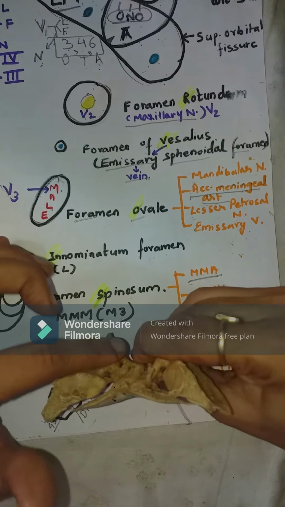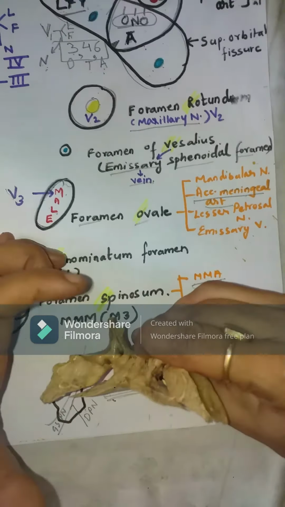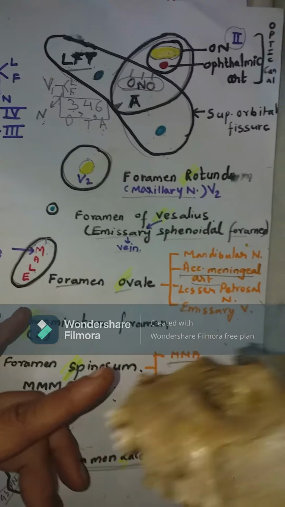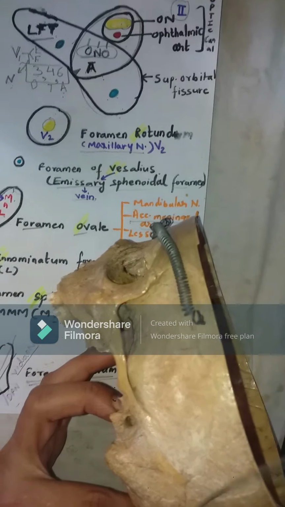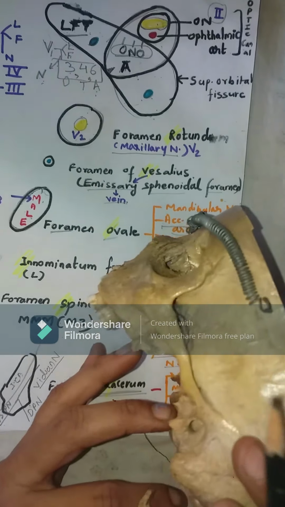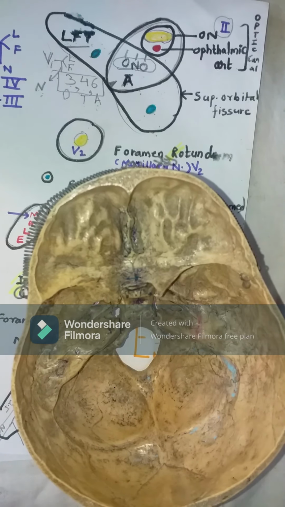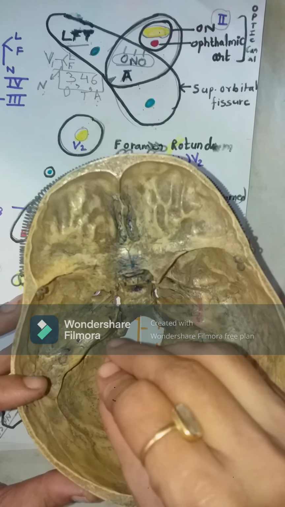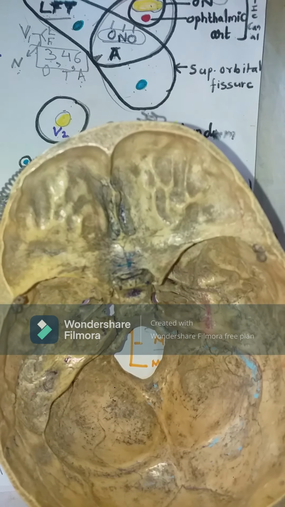And here it will articulate with the maxilla, and it will form the pterygopalatine fossa, which lies in the interior of the pterygomaxillary suture. So if I want to show you the pterygoid canal, then again I am telling you here in the articulated skull that this is the foramen lacerum, and this is the lingula. Here I will point it out with this.